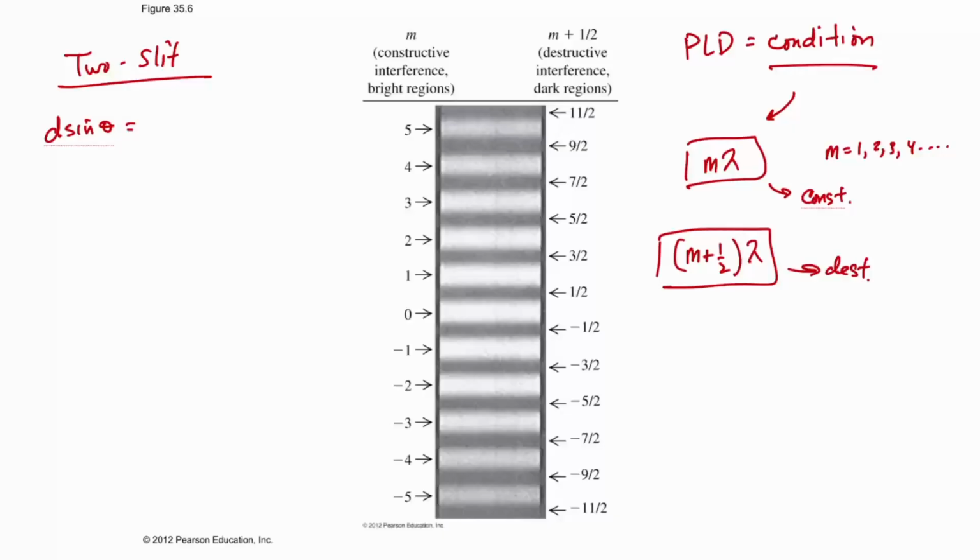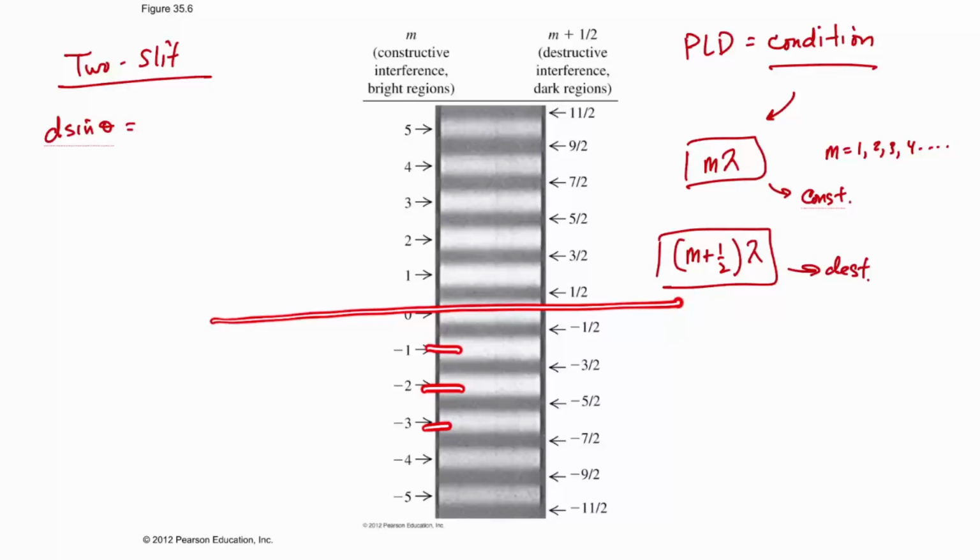You can see here, and I picked this picture on purpose, how all the integer ones line up with the bright fringes. When they put in m equals 1, it's a bright fringe. m equals 2, m equals 3, m equals 4. You can go negative. It's just a mirror across the middle zeroth fringe.